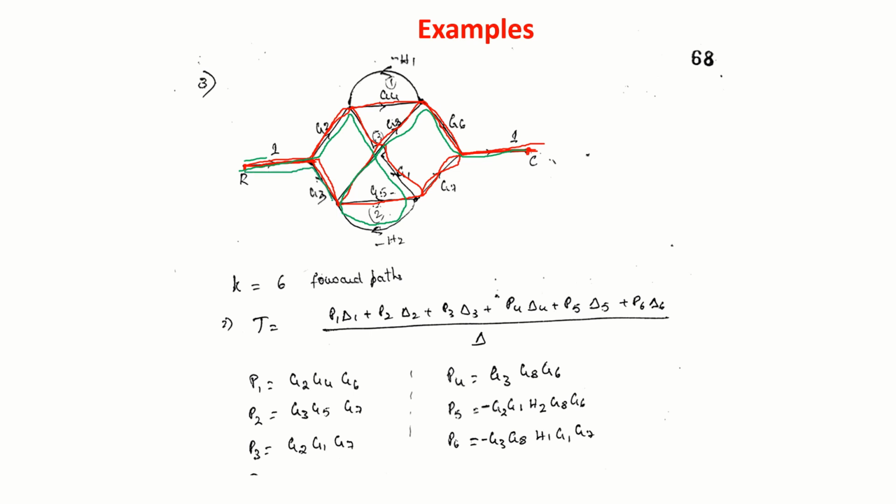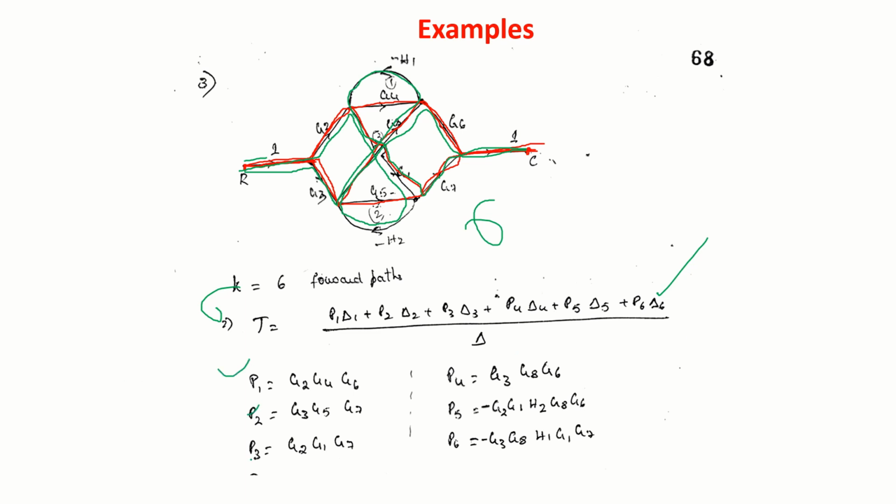Go like this. Okay. Then go like this. Go like this. Go this way. Then go like this. This is another forward path. Thus, there are 6 forward paths here. You need to be careful about this. 6 forward paths. So your equation becomes like this.